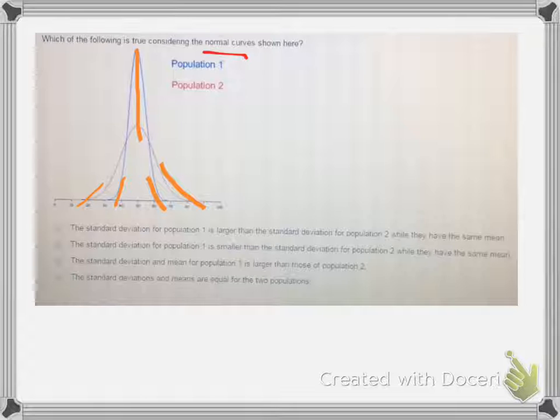That red one, which represents population 2, is a wider distribution, which means its standard deviation is larger. So if you read these, the thing that's actually true is that population 1 has a smaller standard deviation. Because it is skinnier, it has a smaller standard deviation, but they have the same exact mean.